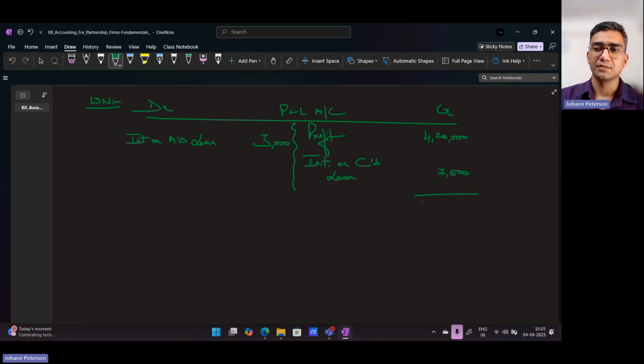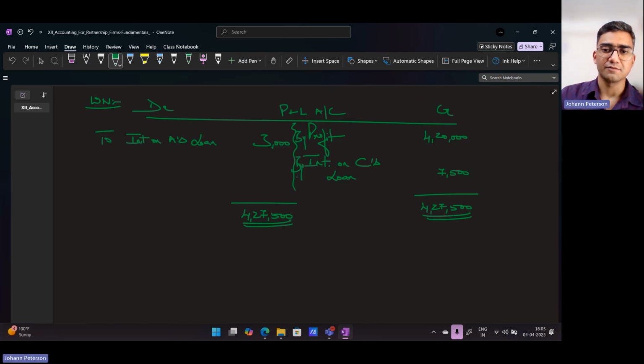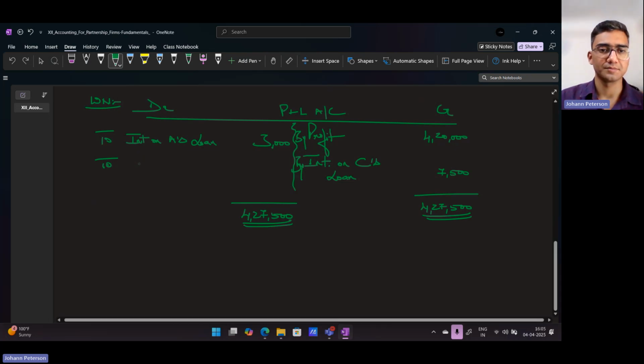So now we will be left with the balancing figure. So here we have 427,500, which will come on the side as well. 427,500. And this gives us a balancing figure.